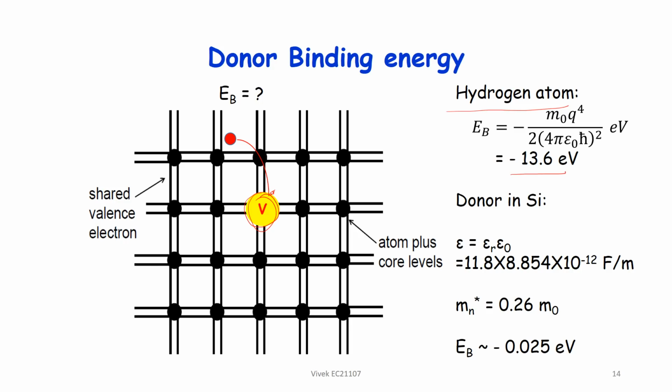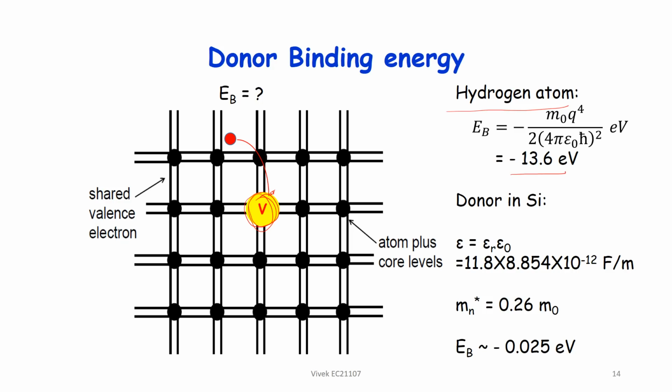So if this loosely bound electron is there, what will be the energy of this electron? Compare this one here, m0. Now in the crystal, this m0 changes to the effective mass, right? So this is around 1.18 m0. Then q remains unchanged.